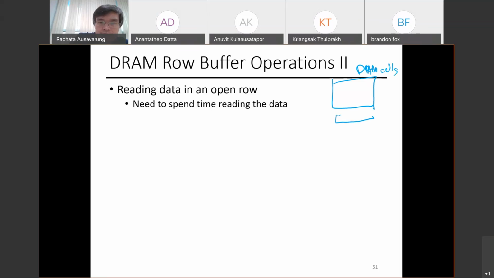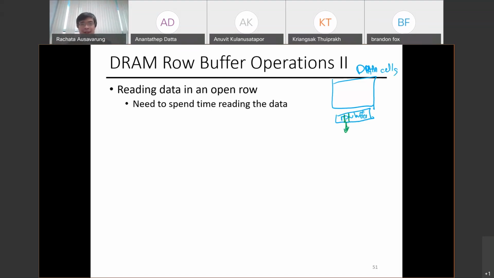This is the row buffer. You want to read this green hashed line from the row buffer, and it's already there. The only time you have to spend is: I need to read that column, so I'm going to read that column in the row buffer.